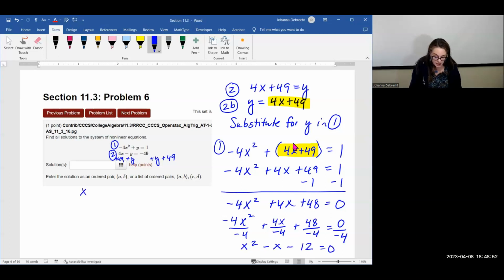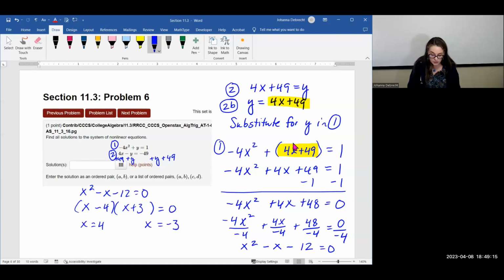Now I'm going to take that quadratic equation, x squared minus x minus 12 equals 0, and I'm going to factor it. The two factors of 12 that subtract to give me 1 are 3 and 4. So I need a minus 4 and a plus 3. And this will give me two possible x values of 4 and negative 3.